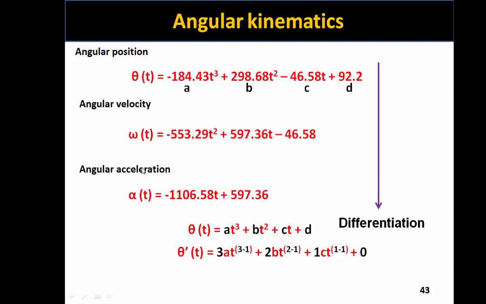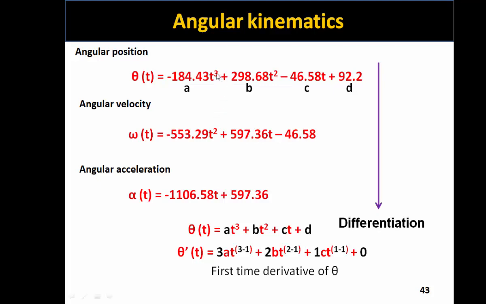So angular velocity symbol equals the theta prime symbol, which is what we call the first time derivative of theta. And so to move from position to velocity to acceleration, the exponent decreases by a value of 1, and the exponent value is moved to in front of the coefficient and is multiplied by that coefficient.